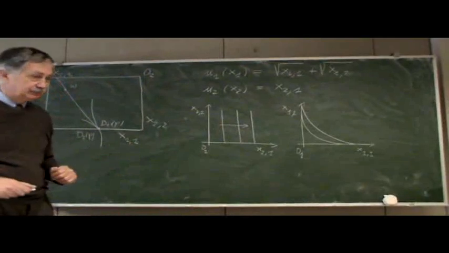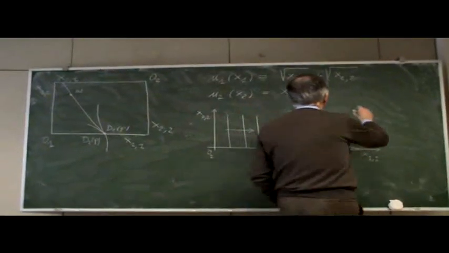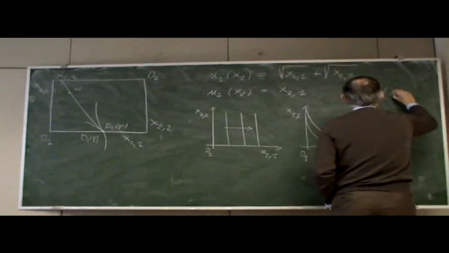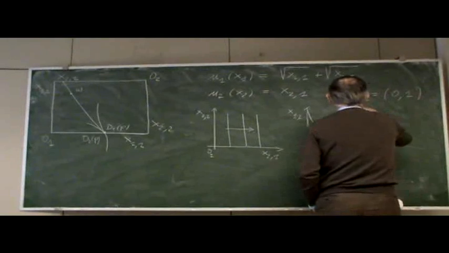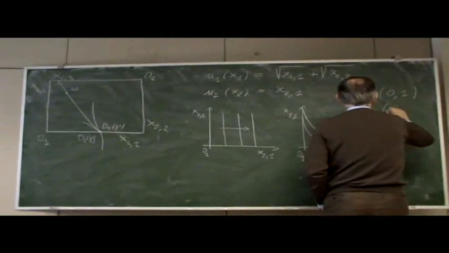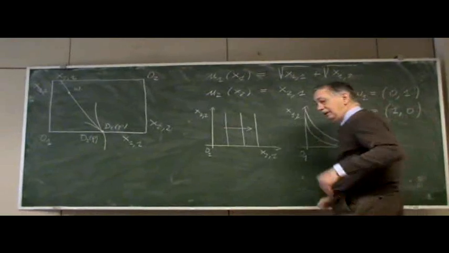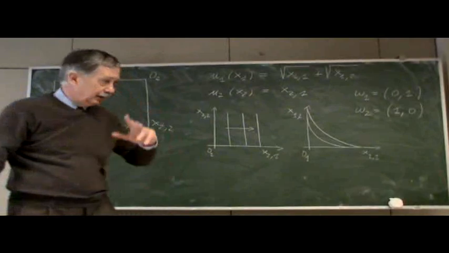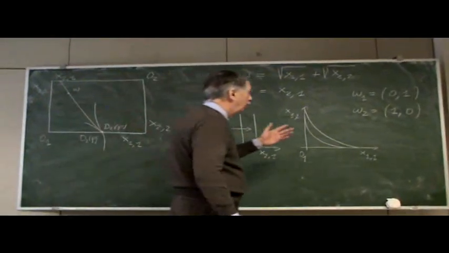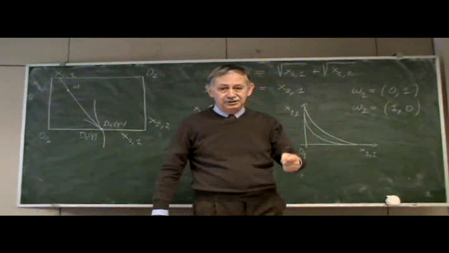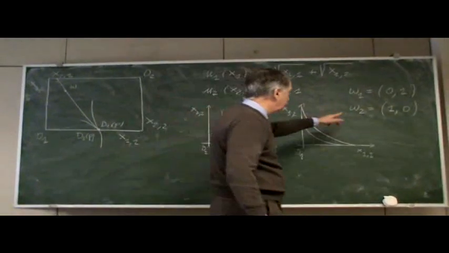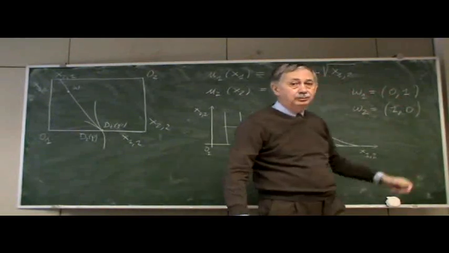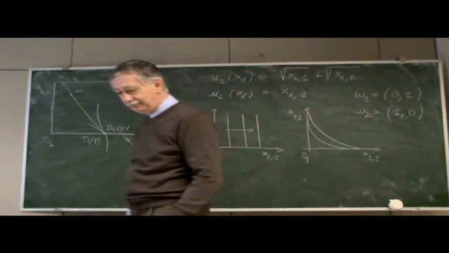Is it clear? Finally, let us suppose that the initial endowment of subject 1 is 0, 1, while the initial endowment of subject 2 is 1, 0. In other terms, in the economy there are in the whole available 1 unit of good 1, which is given to household 2, and 1 unit of good 2, which is given to household 1.